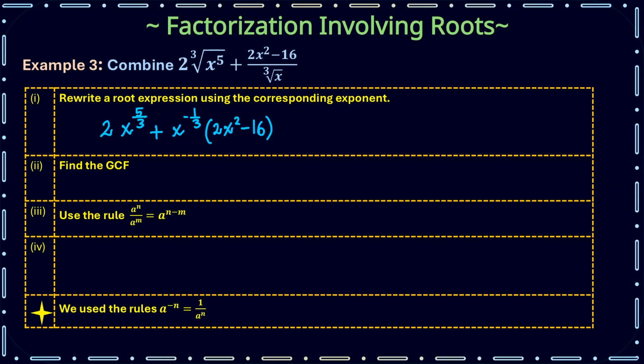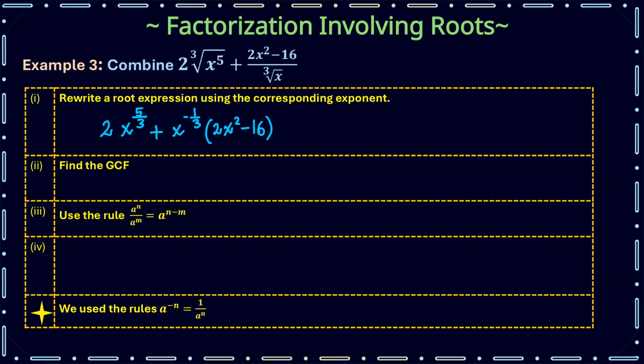So we are almost ready to factor this out. Here we have, if you notice, two groups. I have this group and this group. Within the second group, inside the parentheses, we have 2. And that 2 with 16 have a GCF of 2.